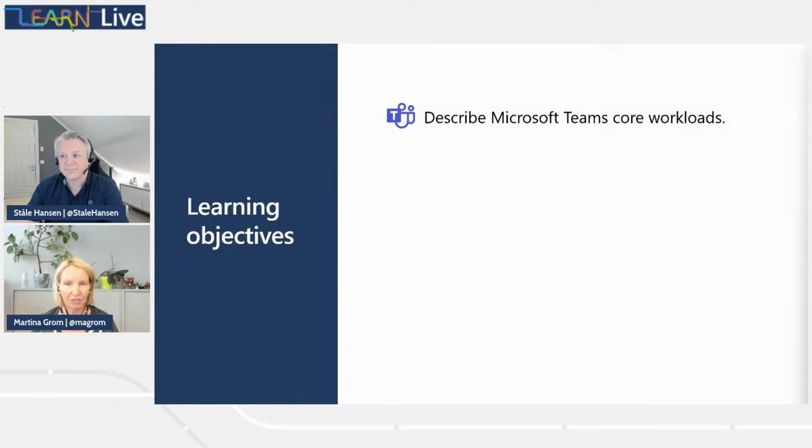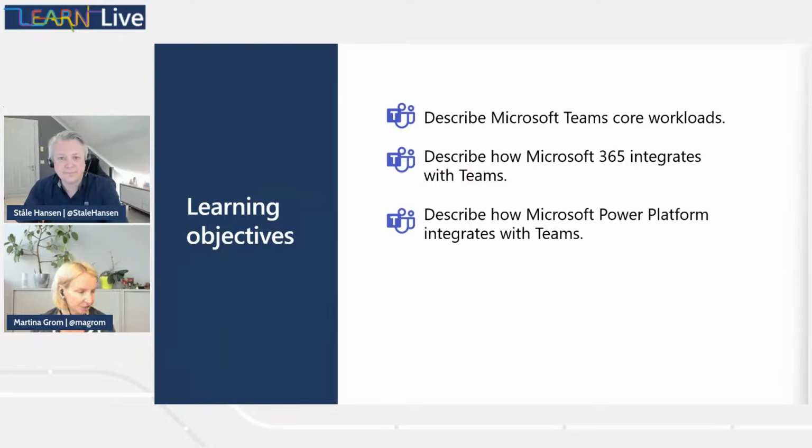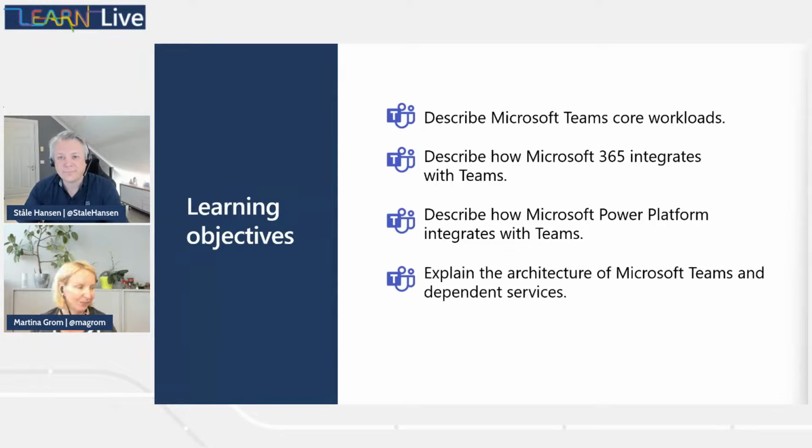Our first module is Microsoft Teams core workloads, followed by how Microsoft 365 integrates as a service with Microsoft Teams. And the third part, we will introduce the Power Platform and how that integrates into Microsoft Teams as well. And then we look at the architecture of Microsoft Teams and dependent services so that it is clear what Teams is all about, how it looks, and what we will see here.